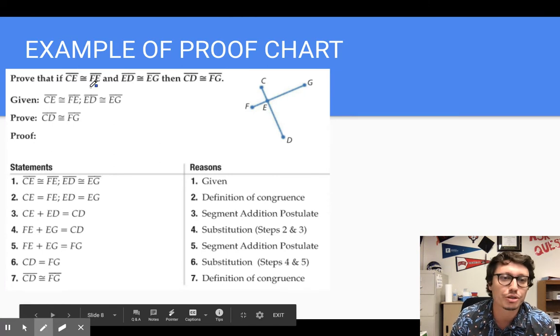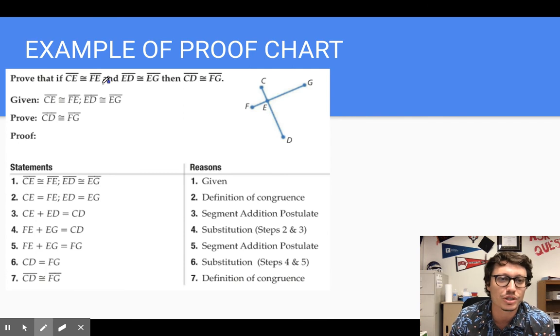So prove that CE is congruent to FE, right? CE and FE. You have to prove that. And given ED is congruent to EG, then prove that CD is congruent to FG, right? So notice that this was given as like a 3-part question. We're only going to focus here, right? This is our proof.